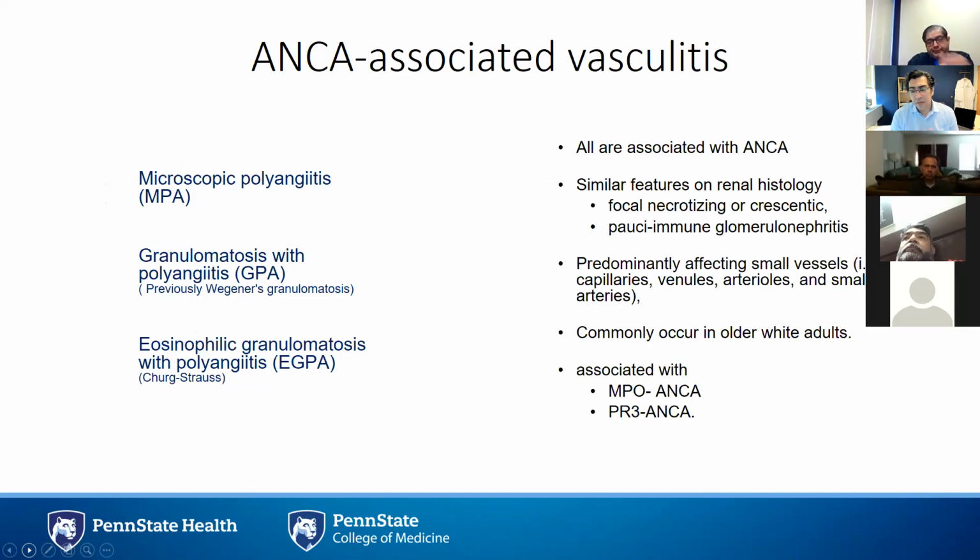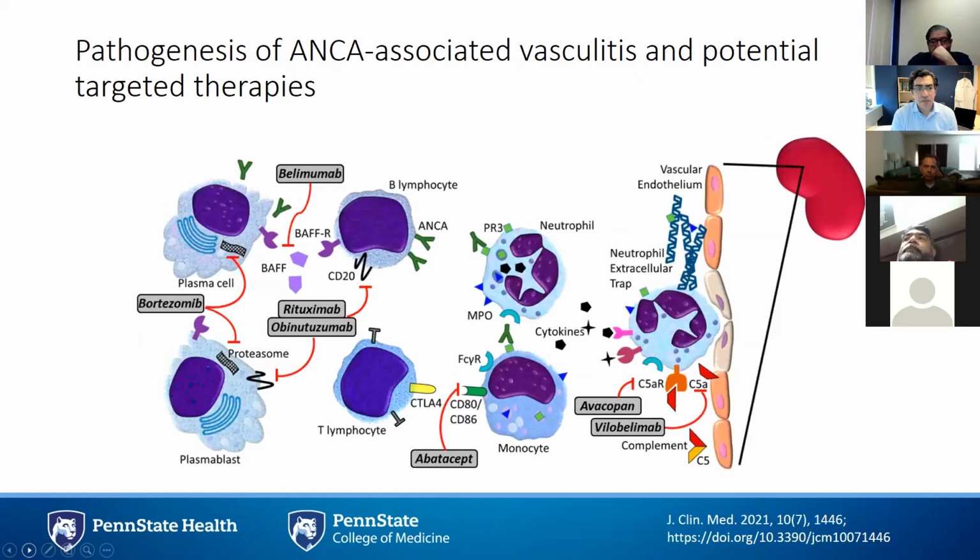They have on the kidney, usually the focal necrotizing or crescentic GN, and this is pauci-immune on immunofluorescence, predominantly affecting small vessels. And I think commonly seen in older adults. And it's associated with specific myeloperoxidase or antiproteinase 3 ANCAs.